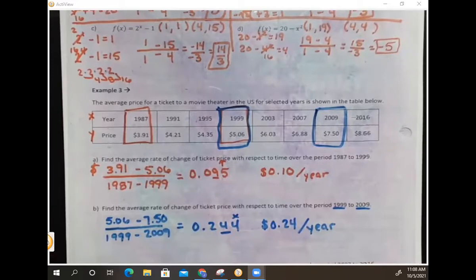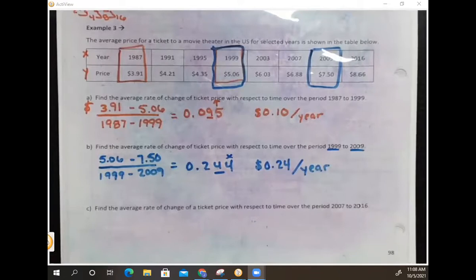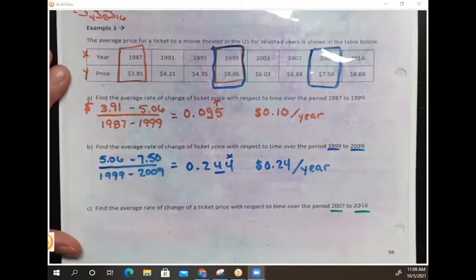I want you now to try part C. We're looking at the period from 2007 to 2016.